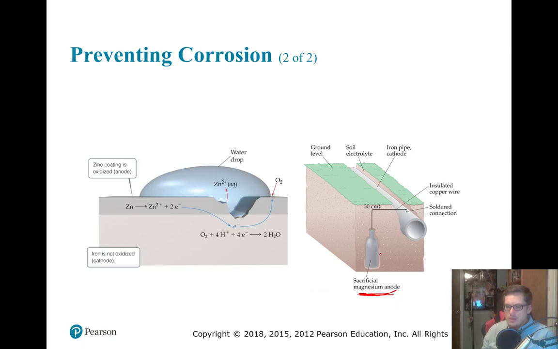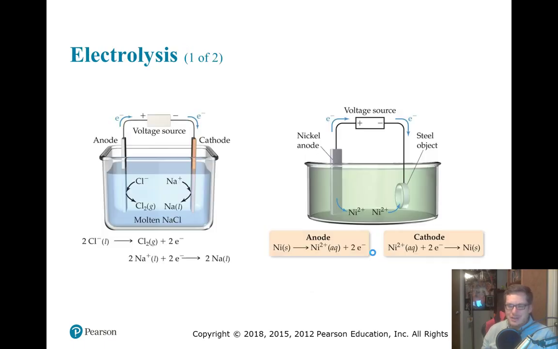So your iron pipe will last a whole lot longer, and then you might have to go in and replace the sacrificial anode. Your hot water tank at home probably has a sacrificial anode that might have to get replaced after a while, although the likelihood of your water heater lasting longer than your sacrificial anode is not very high. I'm pretty sure they engineer it that way, so you have to buy a new water heater every once in a while.